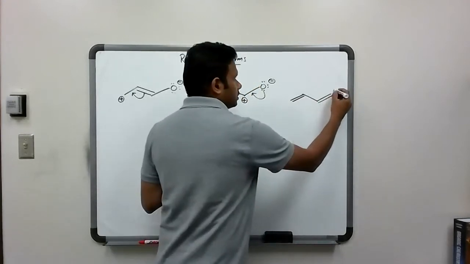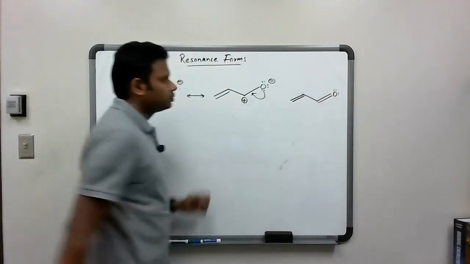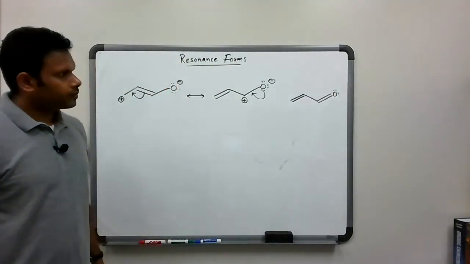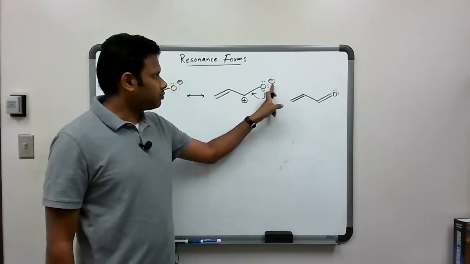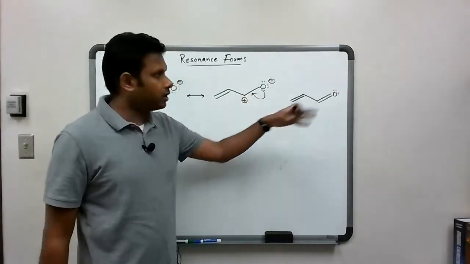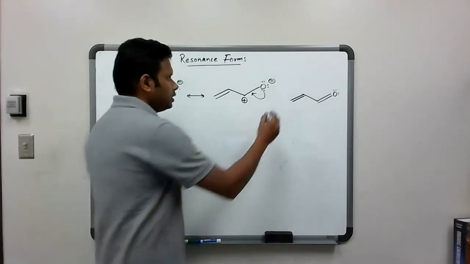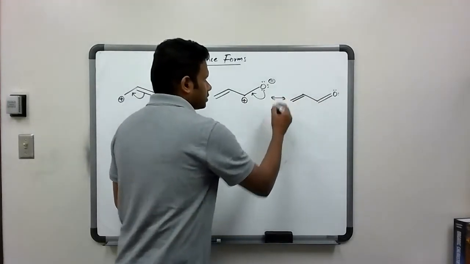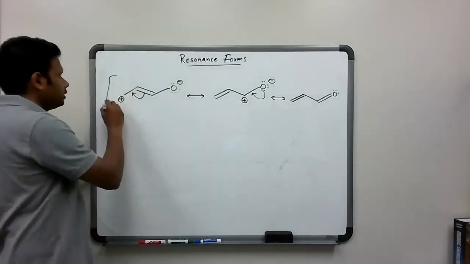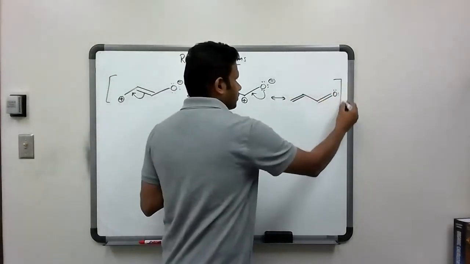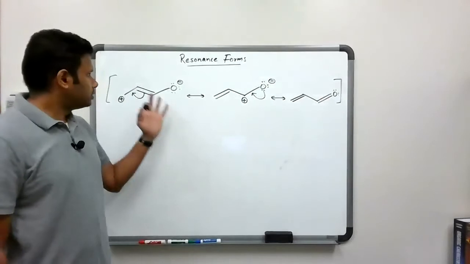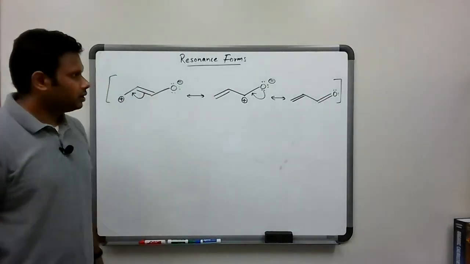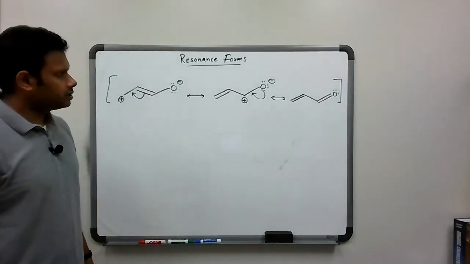The oxygen should have two lone pairs. Overall no formal charge, because we started with one negative and one positive. They combined, so no net charge on that structure. So these are the three resonance forms for this species that we have.